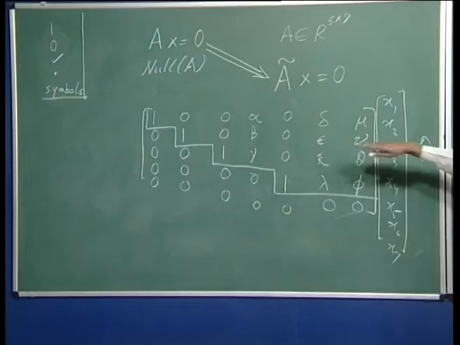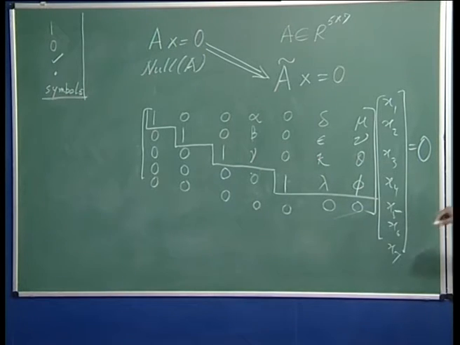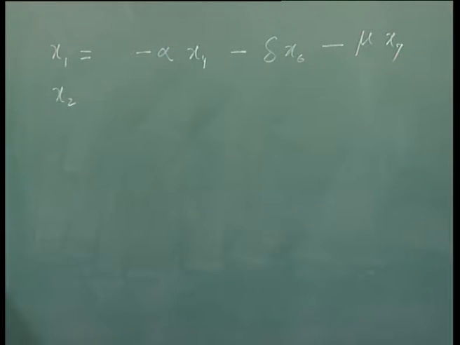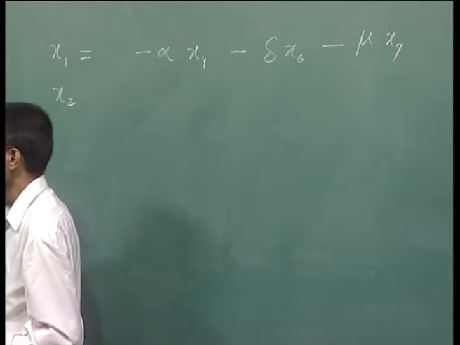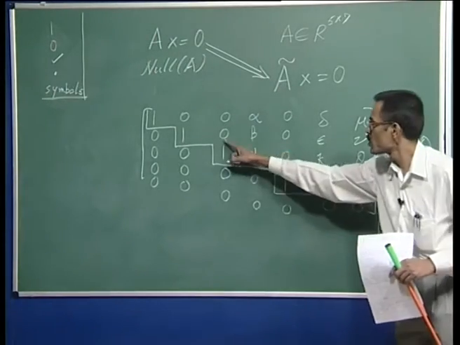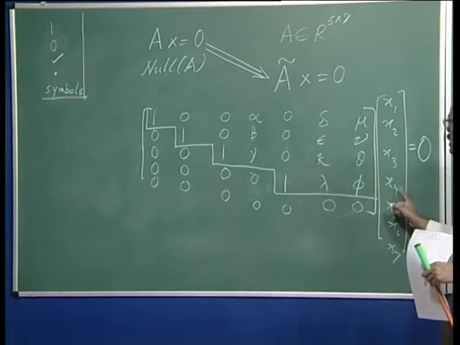Next, the second equation tells us 0 into x1 plus 1 into x2 plus 0 into x3 plus beta into x4 and so on.